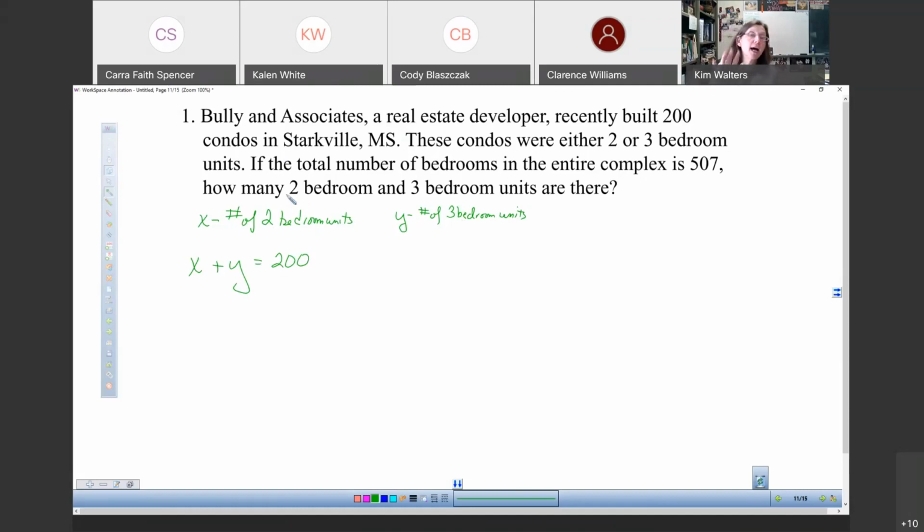If I had 5 3-bedroom units, that would be a total of 15 bedrooms because I have 3 times the number of units. So that means I have 2x bedrooms for the 2-bedroom units plus 3y for the 3-bedroom units. And this is a total of 507, because that's the total number of bedrooms that I have.